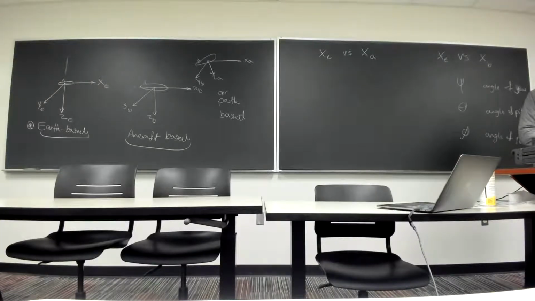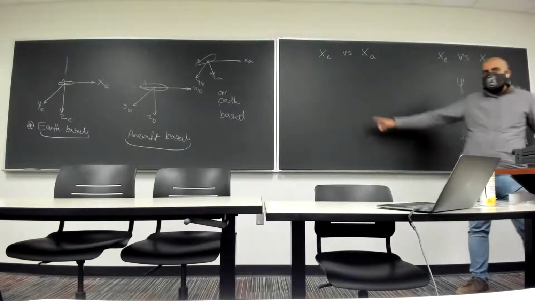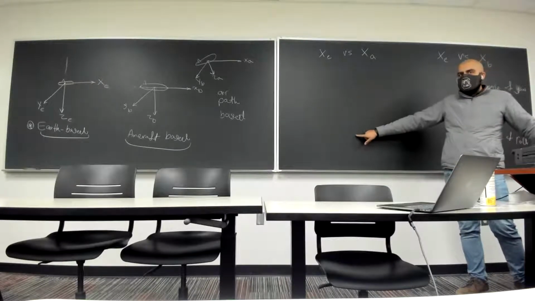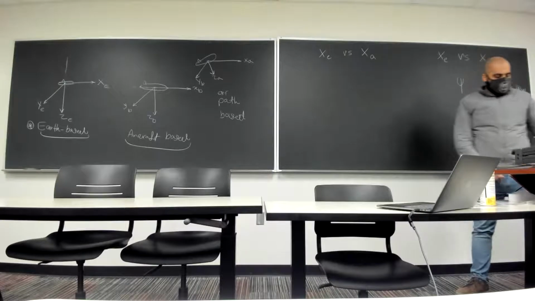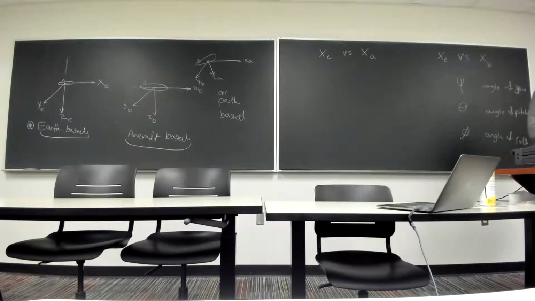What were the gamma, alpha, and theta? Just one of them was part of these three angles, right? Because you are looking at the angle XE makes with XA. Gamma, right? So that's the only angle that we are really interested in here.